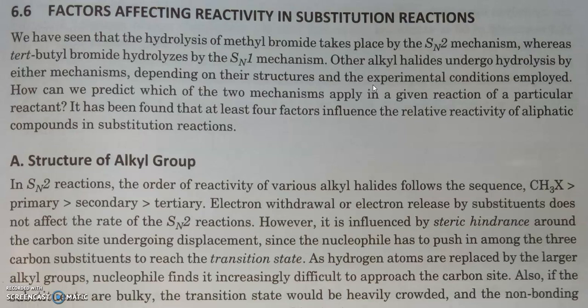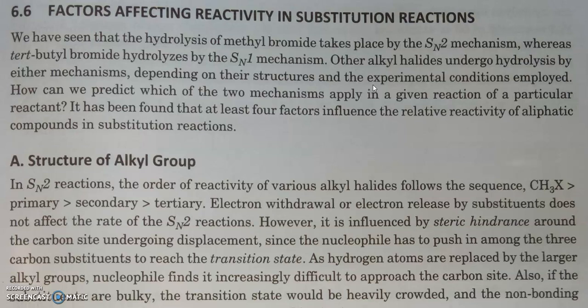Other alkyl halides undergo hydrolysis by either mechanism depending on their structures and experimental conditions employed. You know, two mechanisms apply in a given reaction of particular reactants. How can we predict which of the two mechanisms applies in a reaction of particular reactants?